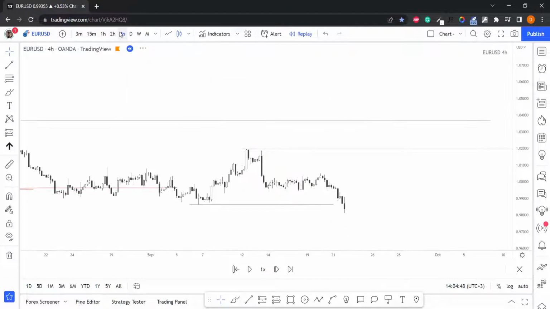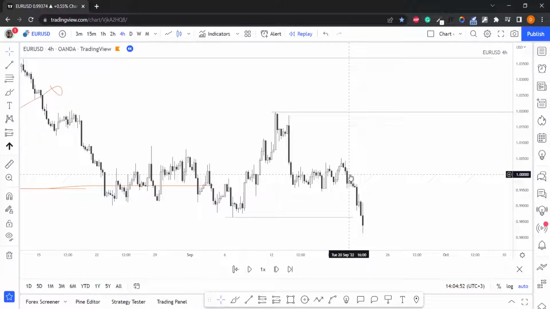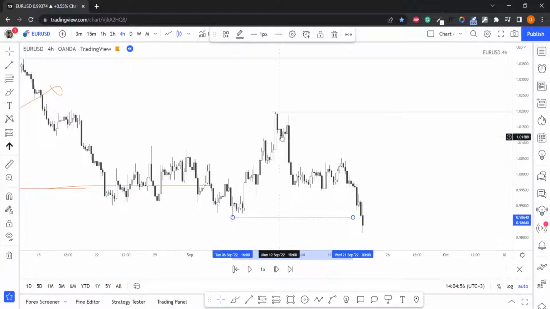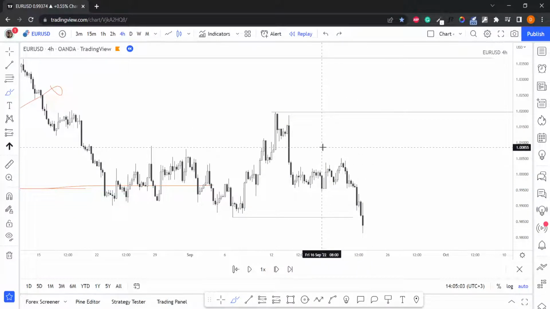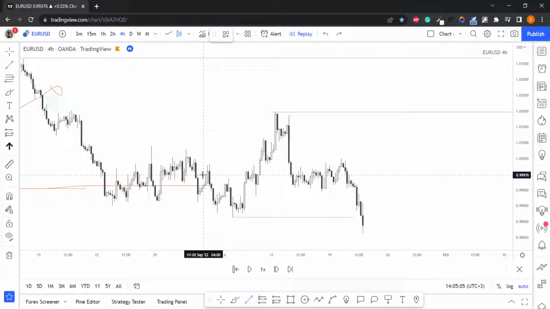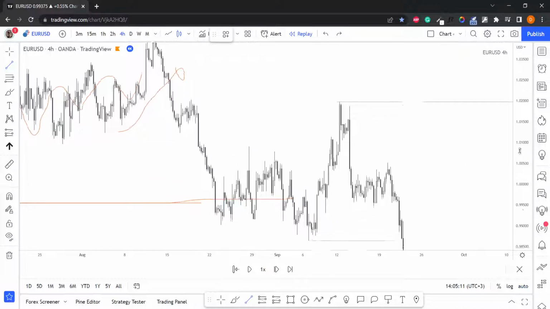Now let's go on 4 hours and see what 4 hours are. In this case, as you see, this is our daily push, this one. So let's look at 4 hours. Again, we zoom out a bit to see if we don't miss anything here.